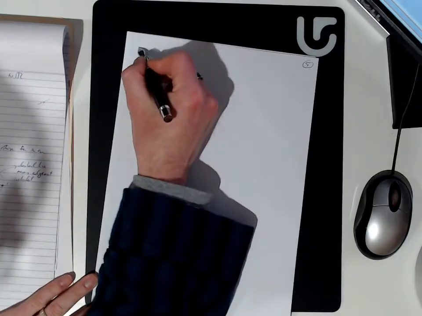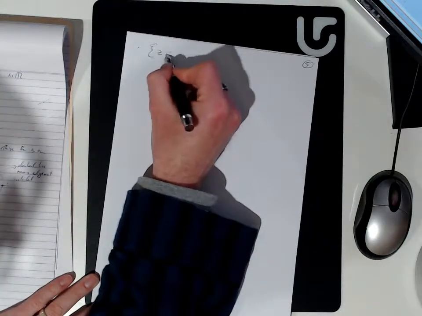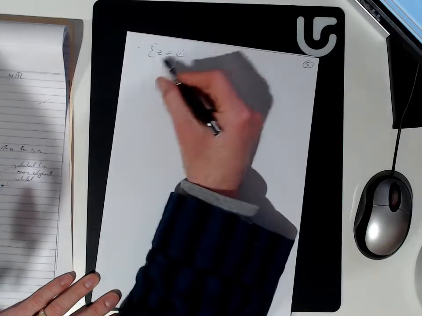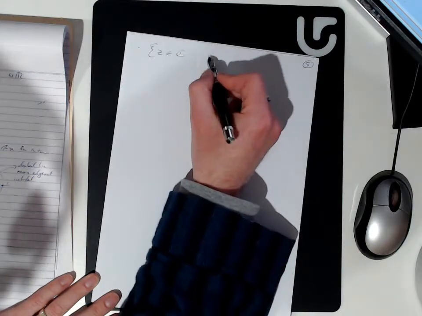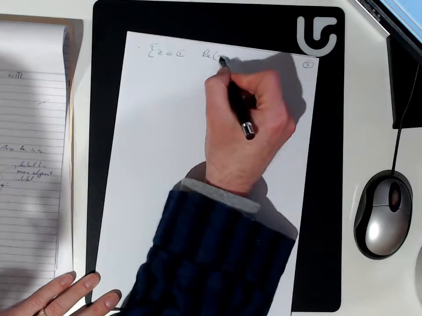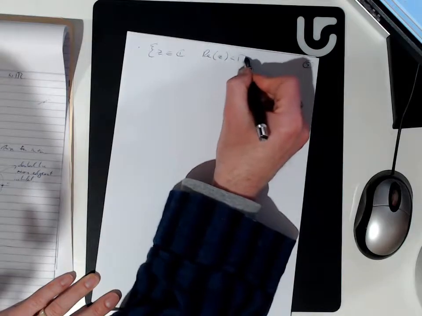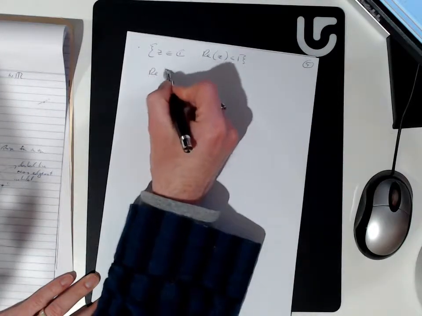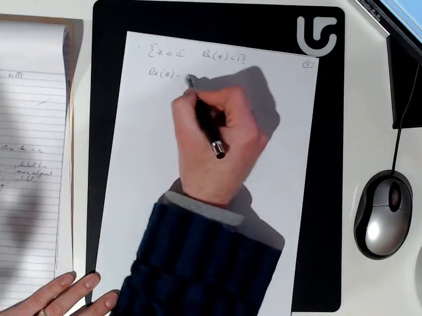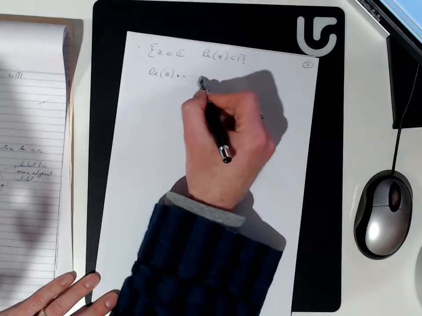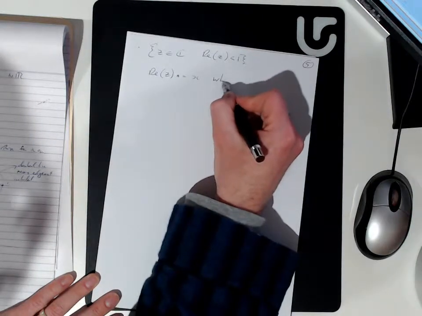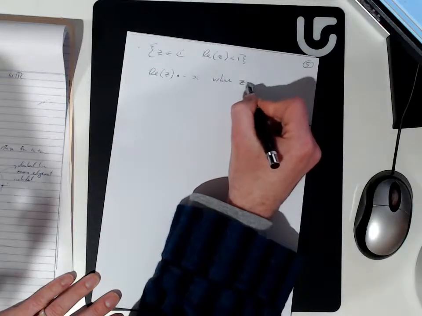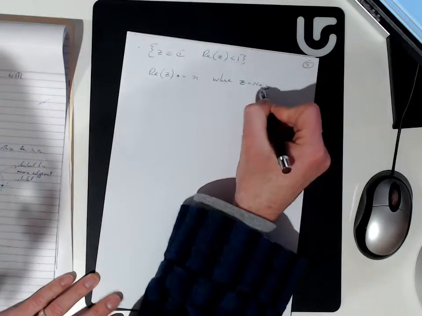Here's another example. Elements of the complex numbers whose real part is less than 1. So the real part of z is equal to x, where z is equal to x plus iy.